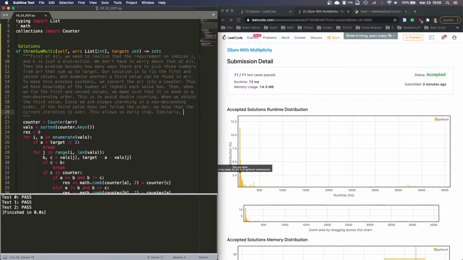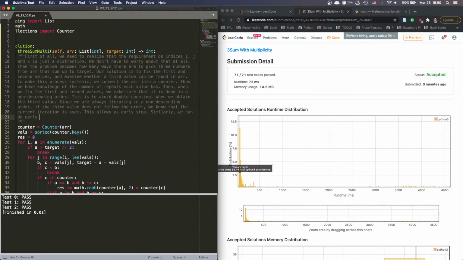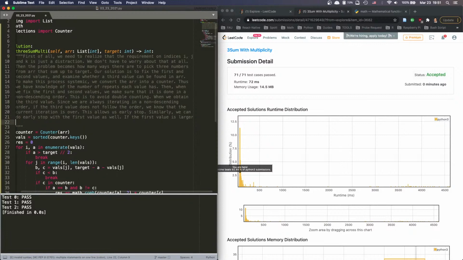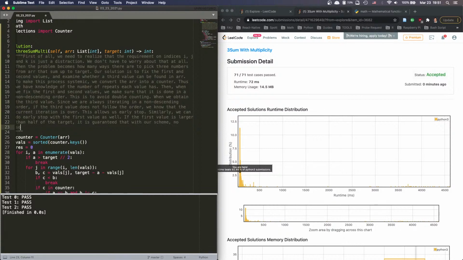Similarly, we can do early stop with the first value as well. If the first value is larger than a third of the target, it is guaranteed that with our scheme, no solution will be found.